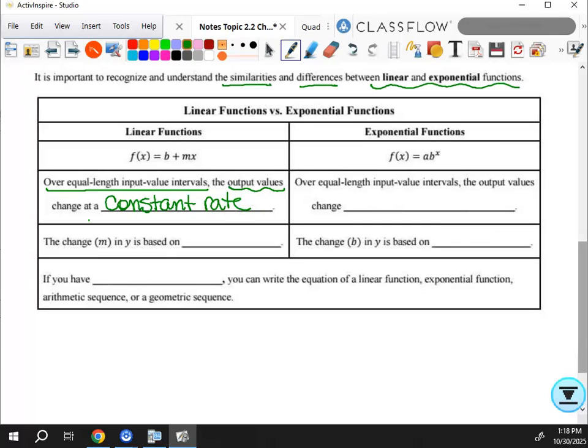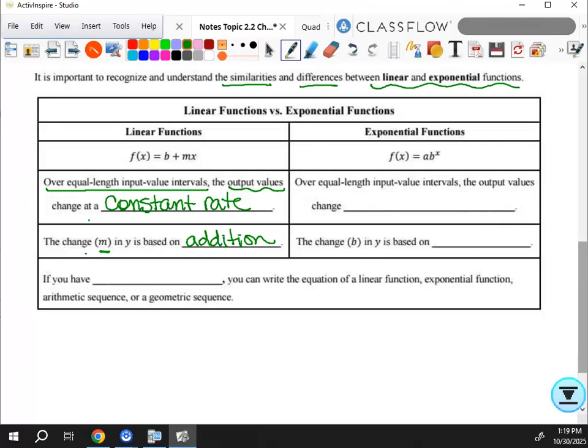So the change, m, your slope, if we think about an arithmetic sequence, you're adding the same thing to each term to get to the next one. So the change is based on addition. Even though you're multiplying the slope times x, that's not what we're talking about. You're adding the same thing every time. That's why it's changing at a constant rate, okay?